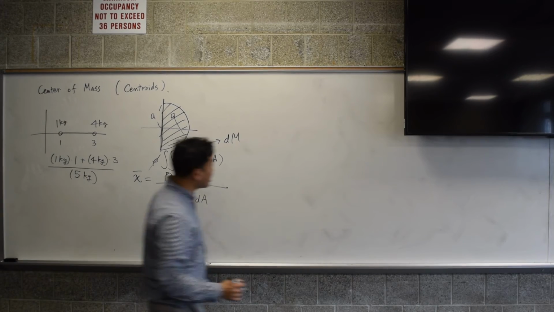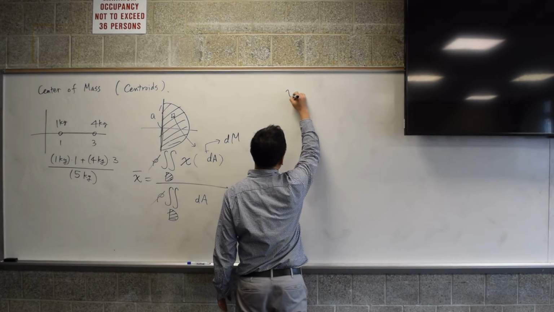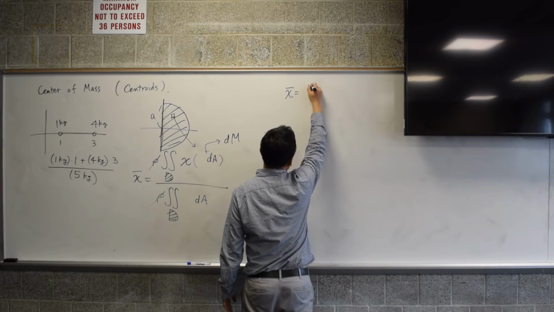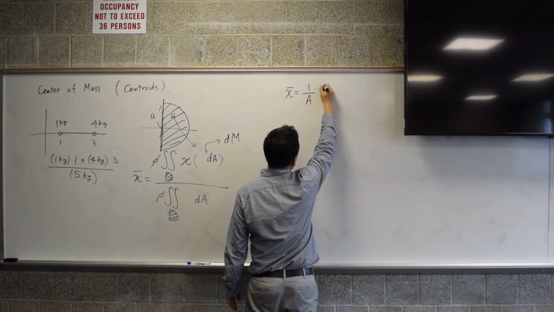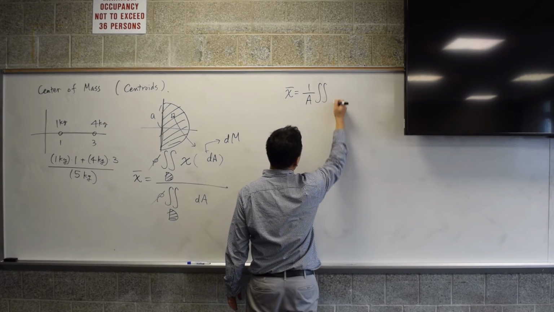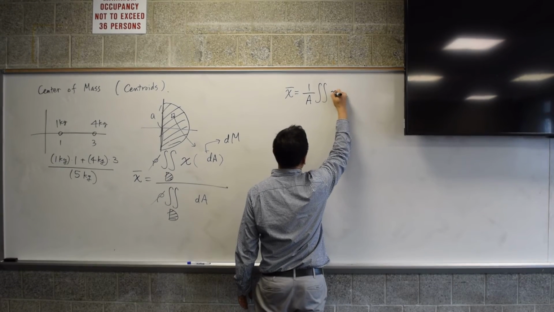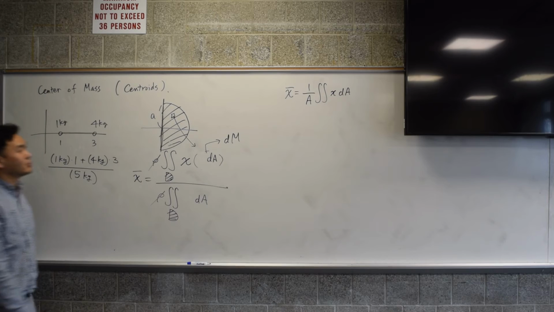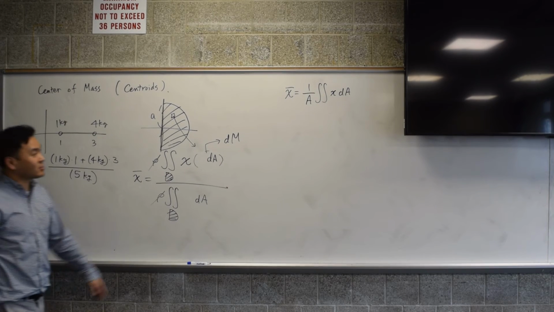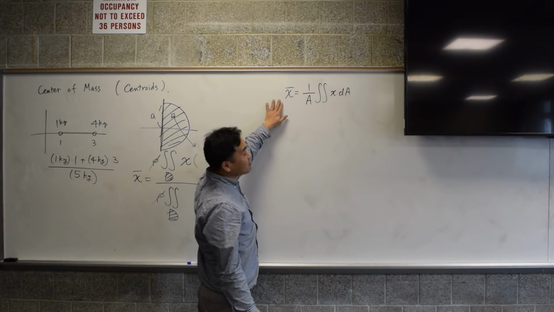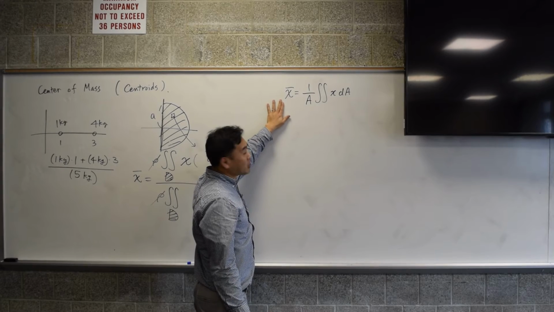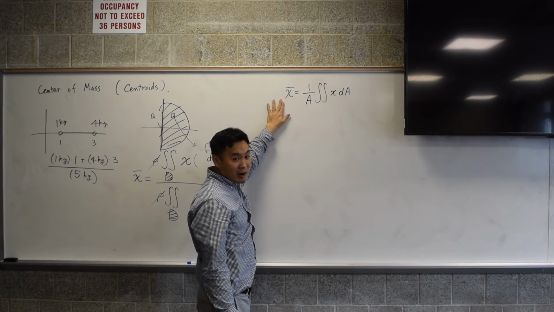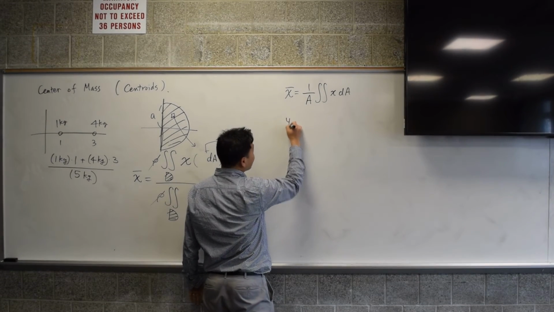Therefore, the formula that we're going to use is: x bar is 1 over the area times the double integral over that region of x dA. And that's informative enough for you to figure out the formula for y bar. What do you think the formula for y bar is?